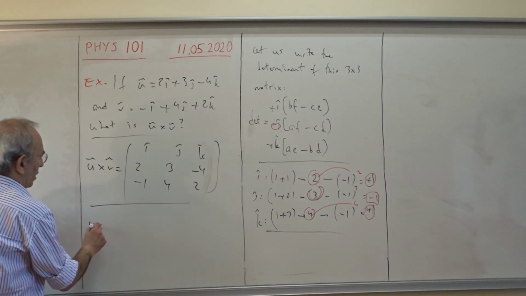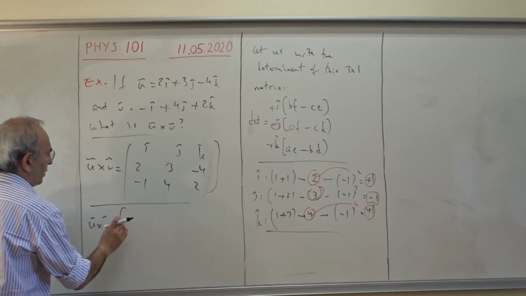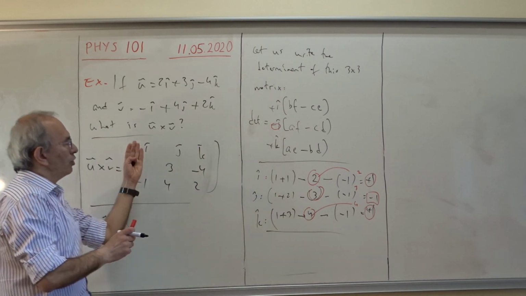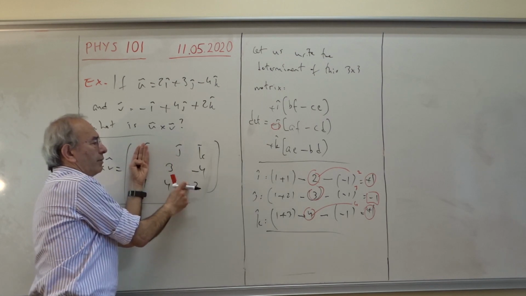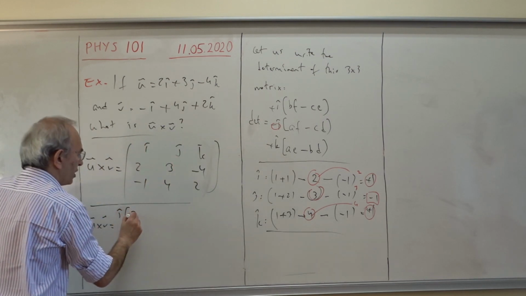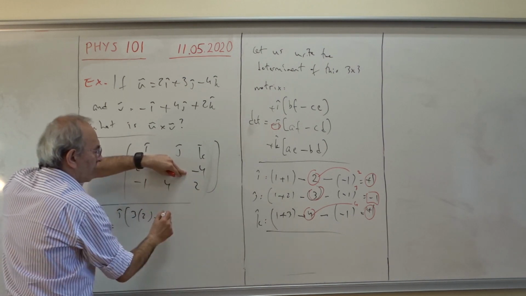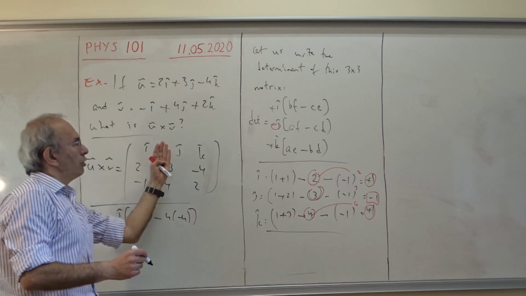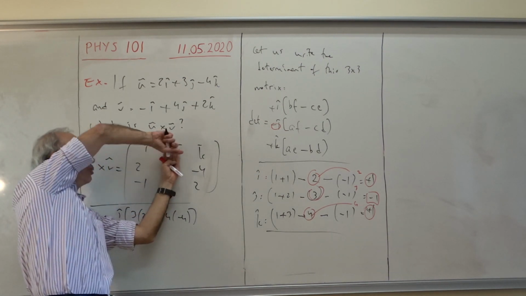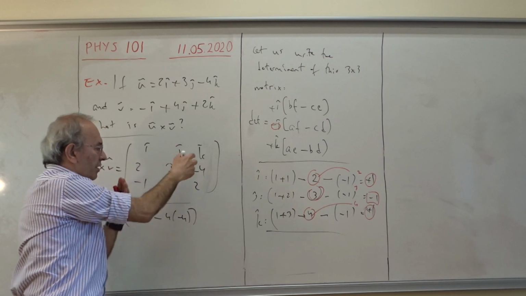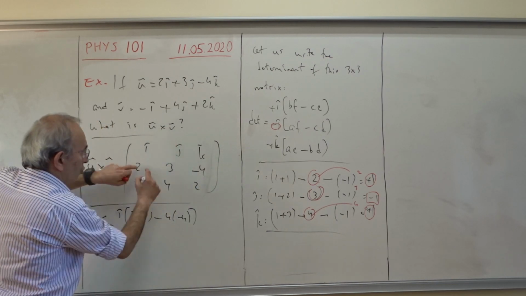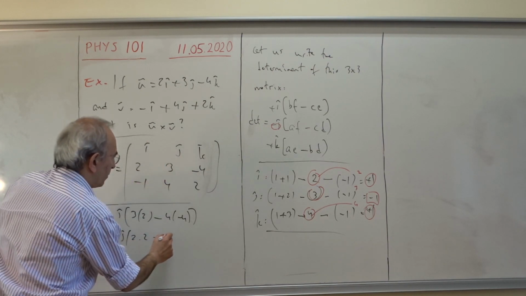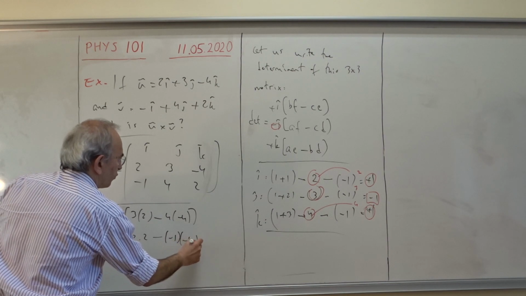So u cross v. Now we start with unit vector i. If you close the column and row of that, we have 3 times 2 minus 4 times 4. Middle line: now you close the column and row of j, so we have minus j, 2 times 2 minus (minus 1) times (minus 4).